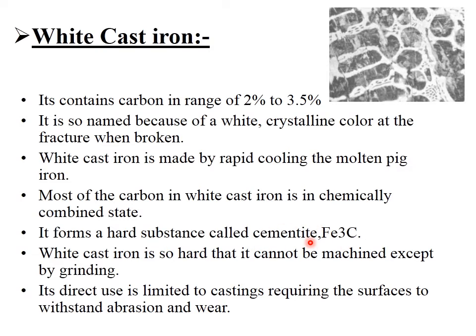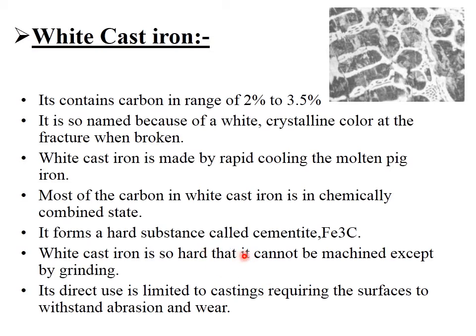Iron and carbon combine together to form Fe3C, and this phase is known as cementite. This Fe3C combined phase is very hard in nature, so white cast iron is harder than gray cast iron because of the Fe3C component.